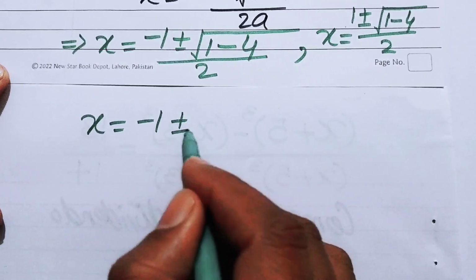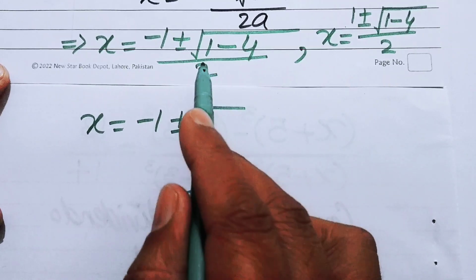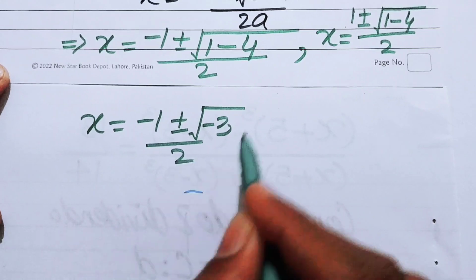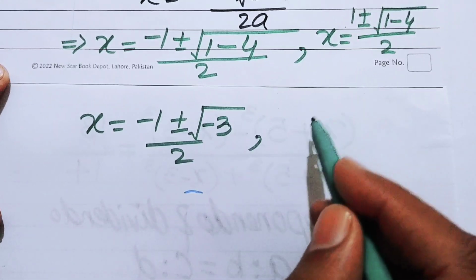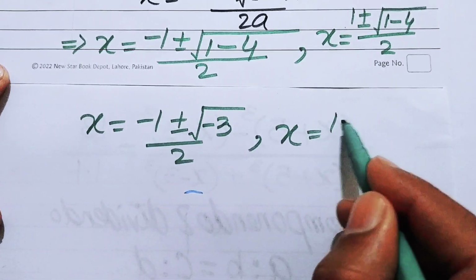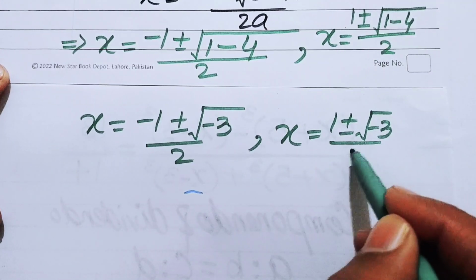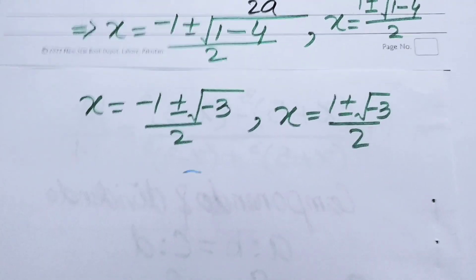After that we simplify: for the first equation, -1 plus minus 1 minus 4 equals -3, square root over 2, and for the second, x equals 1 plus minus 1 minus 4, which is -3, square root over 2.